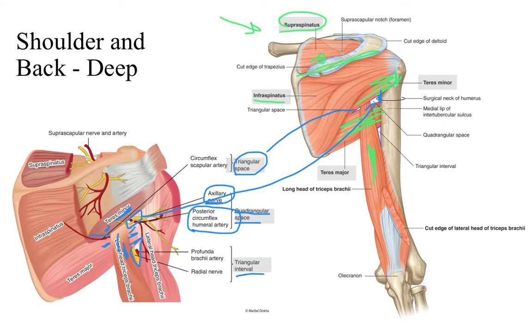And nothing is going through there per se, but what you can see from the posterior view, you can also see the triangular interval here, is the deep brachii artery or the profunda brachii artery. Profunda will mean deep. We'll see that as we move along throughout the upper limb lectures, as well as the radial nerve.